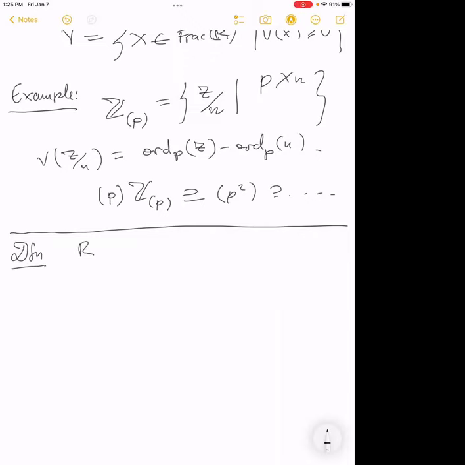So I have a commutative ring R, and M is an R-module.